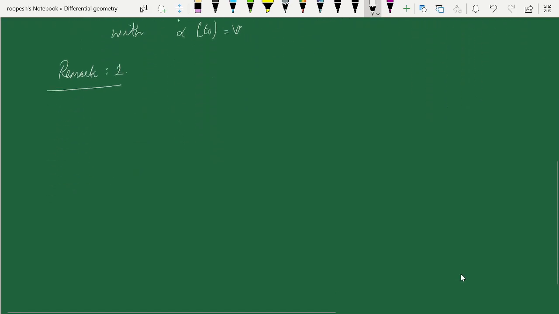So that is remark 1. Del v of f is independent of the choice of alpha.